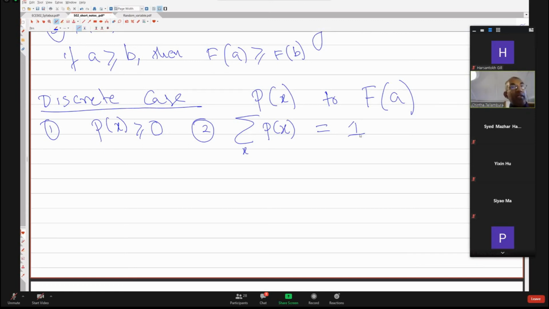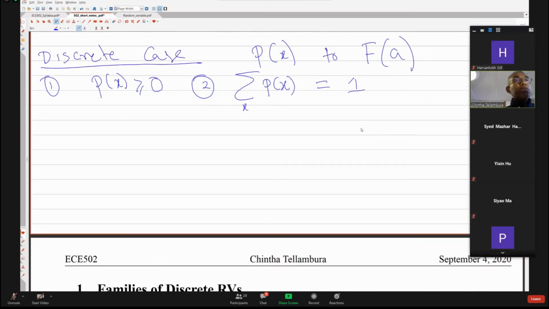Now, how do I get the CDF from the PMF? So let's do that. Number 3 here, to do that, you have to recall the definition of the CDF.